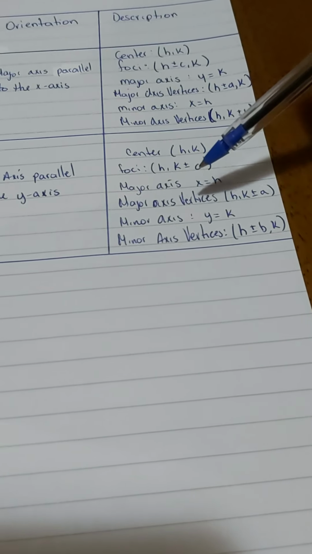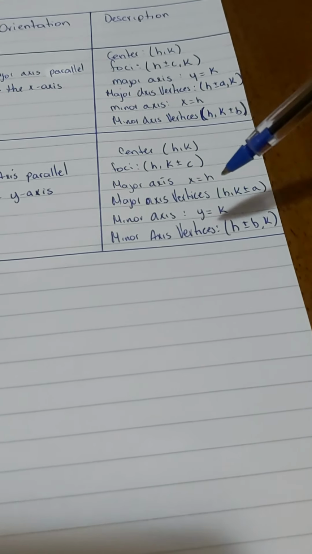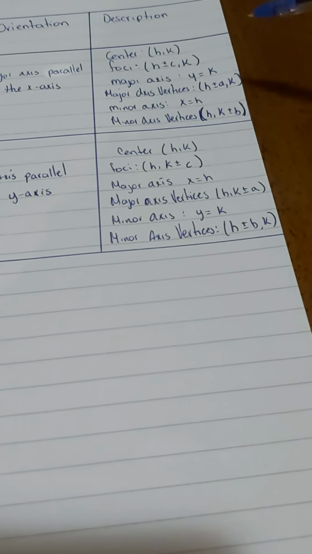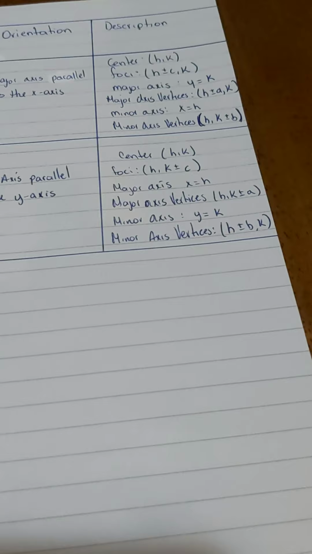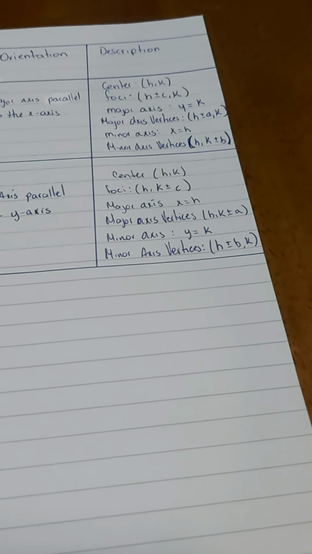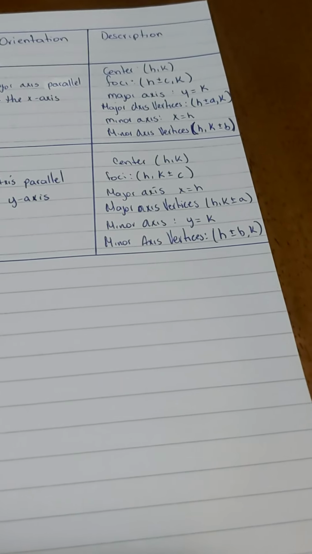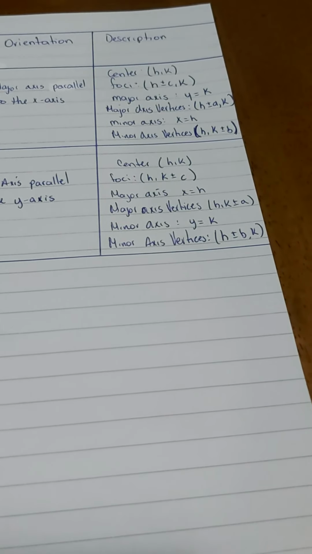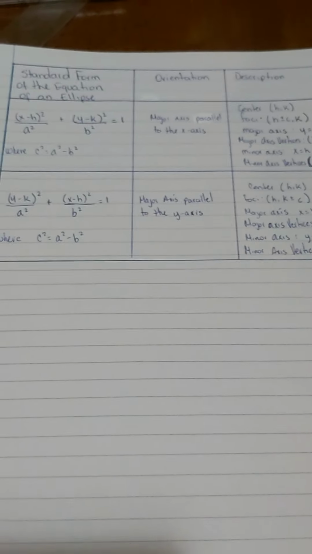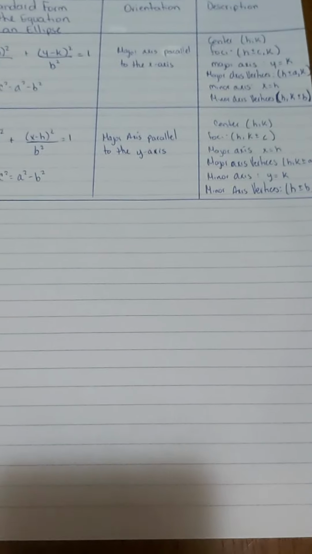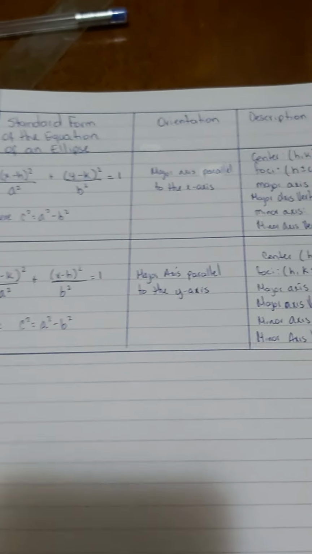Major axis will be the line x equals h. The major axis vertices will be located at (h, k plus or minus a). The minor axis will be the line y equals k, and the minor axis vertices will be located at (h plus or minus b, k). Okay, so with these formulas, we can start working on the problems.